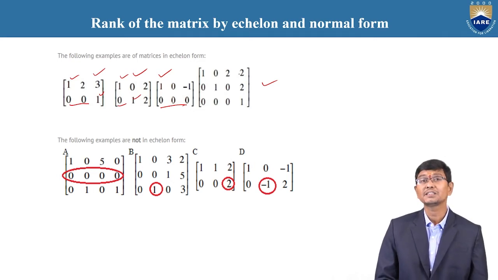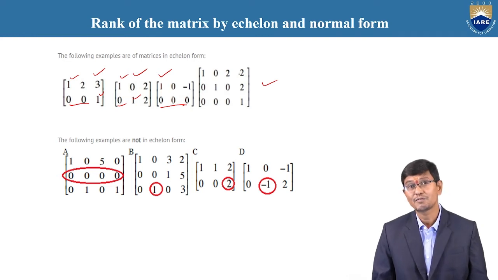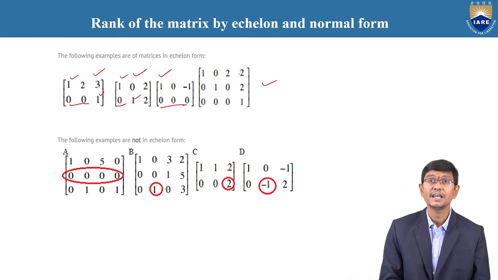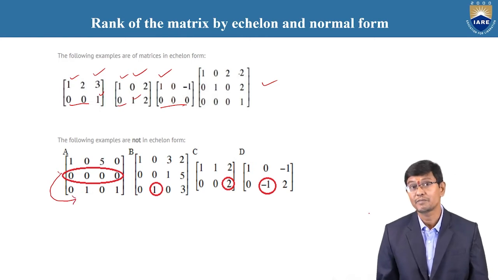For example A, which is not directly the echelon form of a matrix, because the zero rows are available, but according to the condition of the echelon form we need to consider it as the last row, then only it is the echelon form of a matrix. Until then, this matrix is not an echelon form.